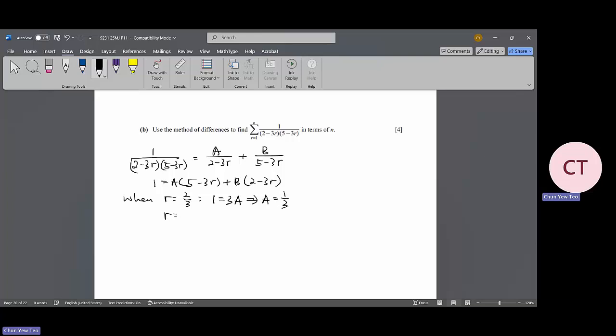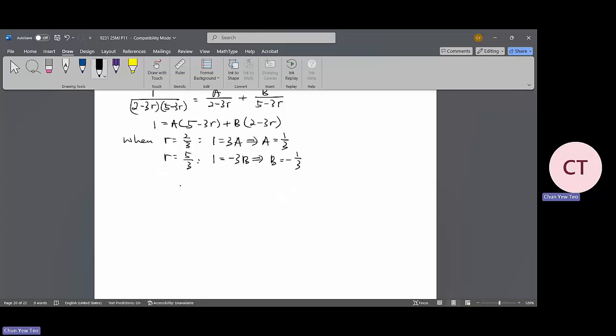When r is equal to 5 over 3, then you get 1 is equal to negative 3b. Therefore, you get b is negative 1 over 3. Okay. So we just need to write down this series.